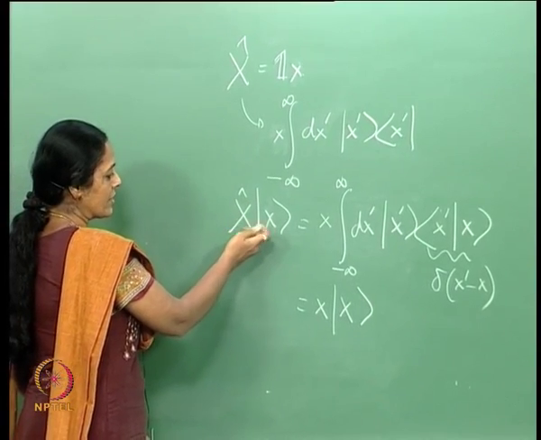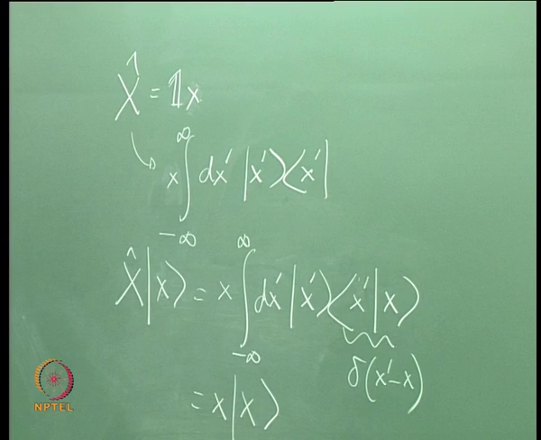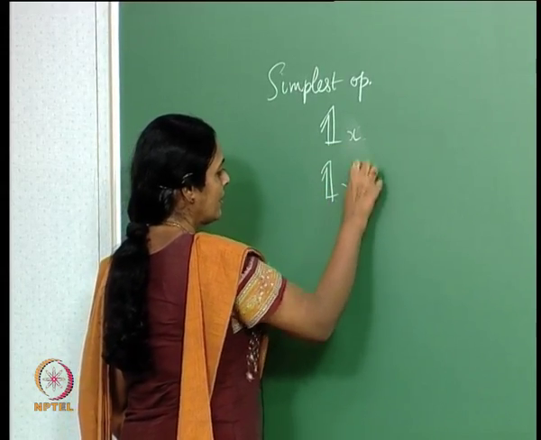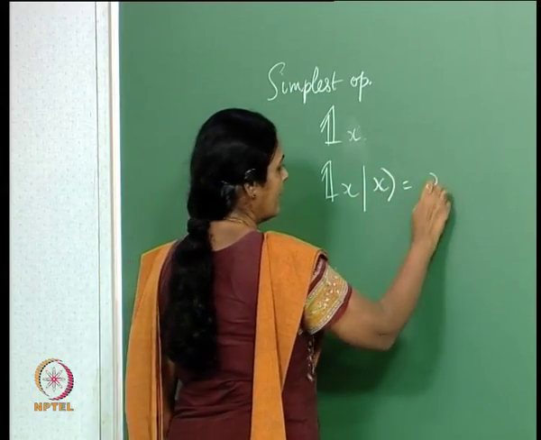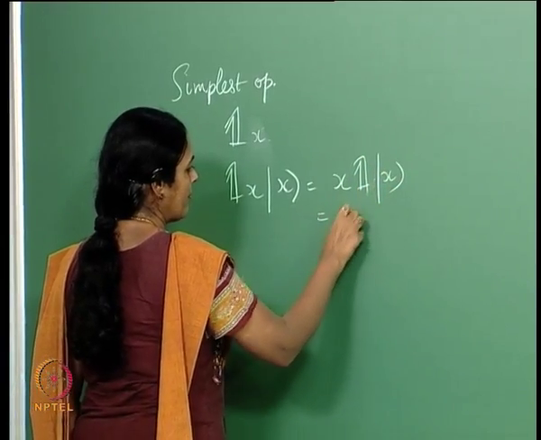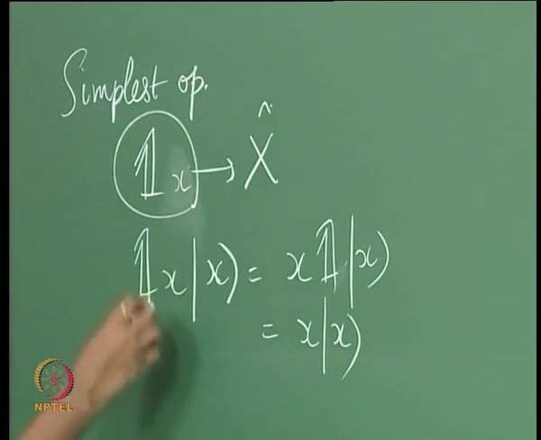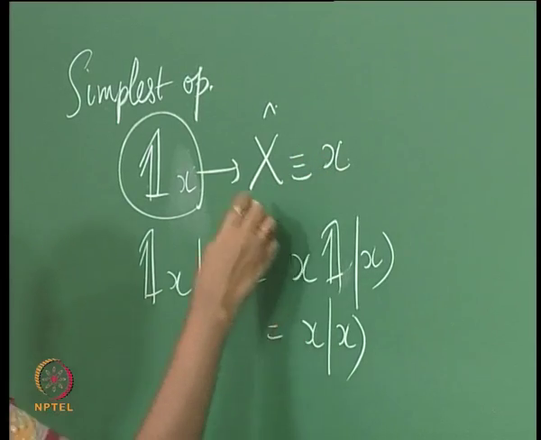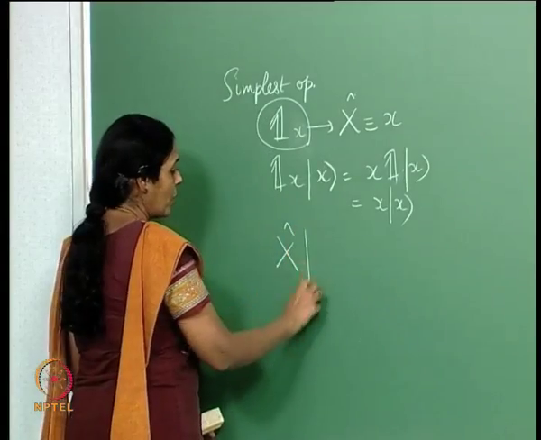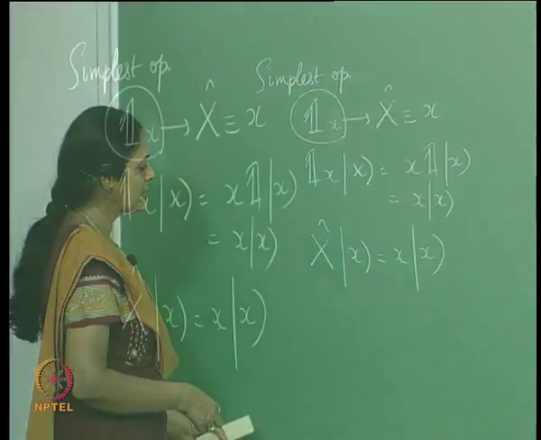The operator x acts on the position basis to pull out the number x. Because it is the identity operator, when it acts on the basis set x, it simply pulls out the number x. So this object is my position operator. I would simply say that the position operator is represented by x. So x pulls out the eigenvalue x, and this is your eigenvalue equation.